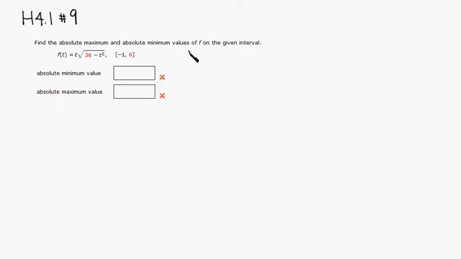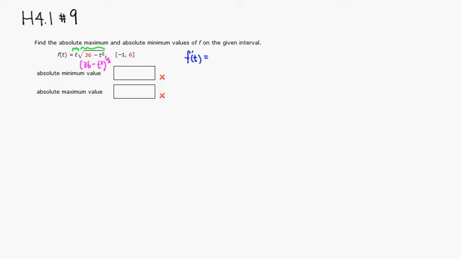So f prime of t is equal to... we're going to have to use the product rule because you have this guy multiplied by that guy. Also, I don't like square roots, so I'm going to write it as 36 minus t squared quantity raised to the 1/2 power.